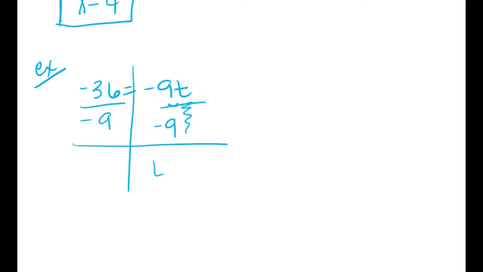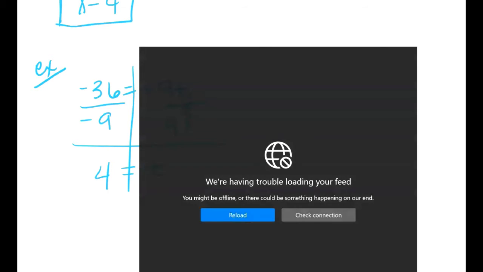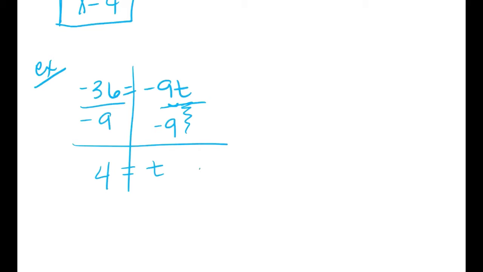And that's going to leave me simply with t on that side. And then negative 36 divided by negative 9 is going to give me a positive 4, because two negatives make a positive. So I will accept either answer here, 4 equals t, or we typically write the variable on the left-hand side. Either one of those is acceptable.